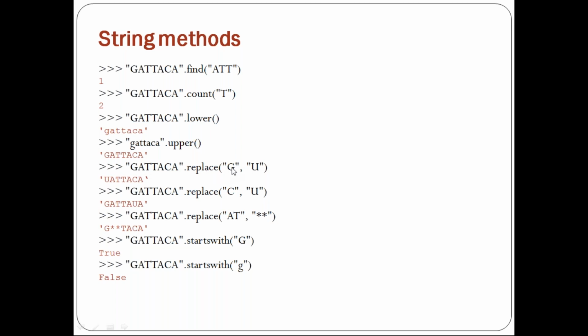Replace replaces a character with another character. And we can replace a multi-character sequence with another multi-character sequence. Example: GATTACA.replace AT with 2 stars. Now AT is going to be replaced with 2 stars.